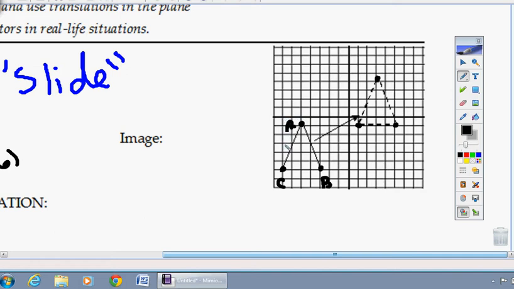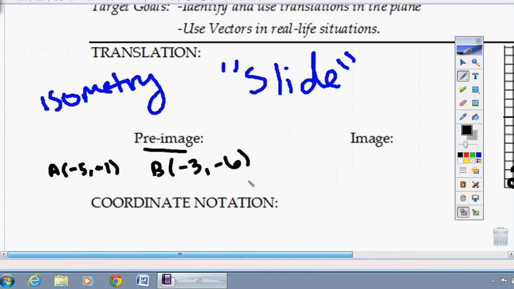Negative 1, 2, 3, 4, 5, 6. So negative 7, negative 6 for vertex C.